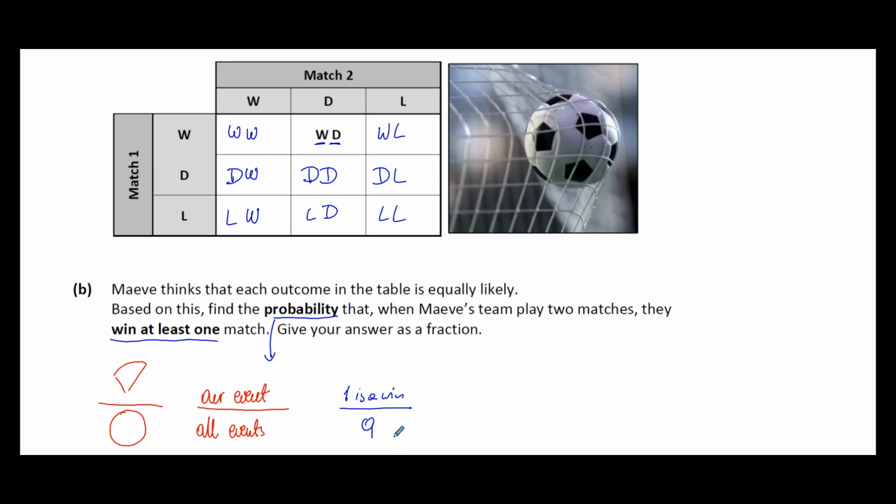Okay, so which ones have at least one win? Everywhere where I have W, that means a win, isn't it? So we have how many? 5 of them. So that means 5 events, the ones that I want, out of all 9 events that are possible. So that's our fraction.